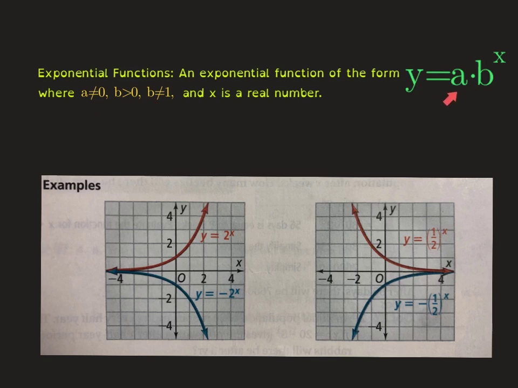So a cannot equal 0 because, for example, if a did equal 0 and I had y equals 0 times b to the x, well, anything times 0 just gives you y equals 0. So that's not going to help us. So a cannot equal 0.